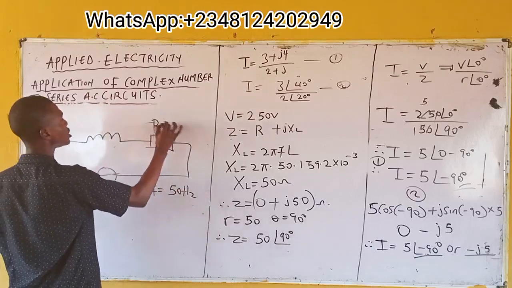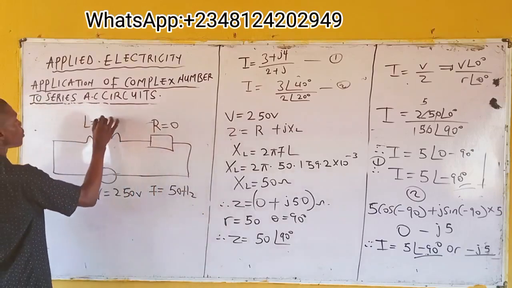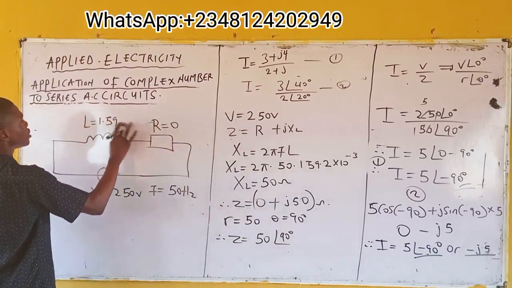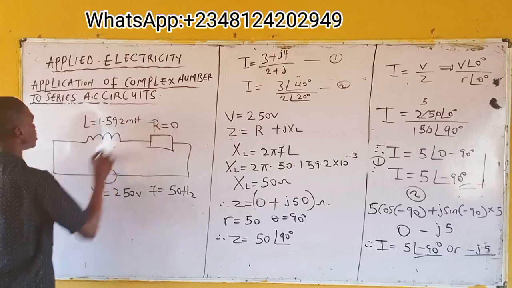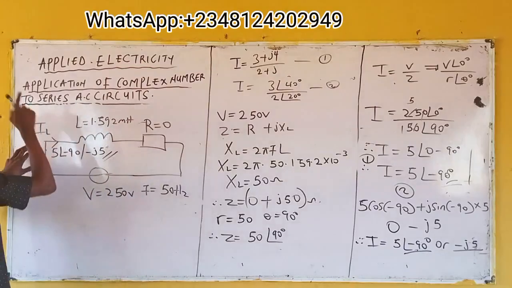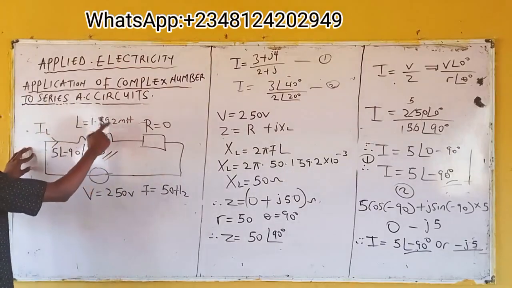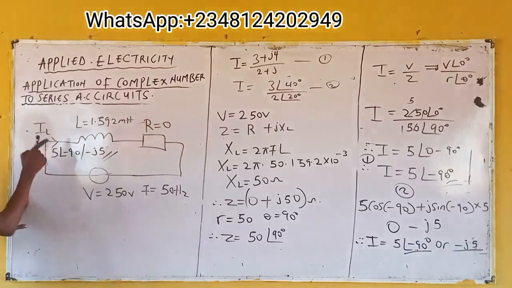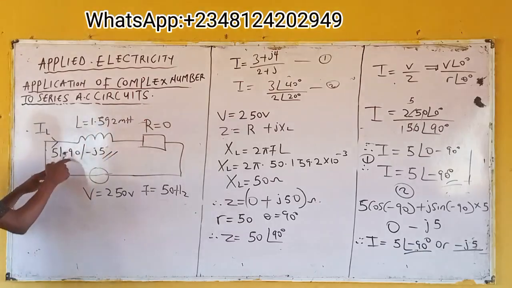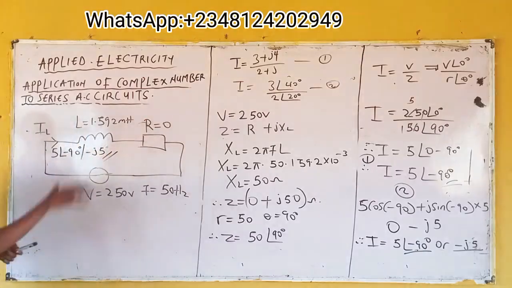This is negligible resistor, right? L is what? 1.592 millihenry. Now, what will be the value of current that you are going to substitute? From the given question, the current flowing through this inductor is, in polar form, 5 at negative 90 degree, or negative j5 in rectangular form.